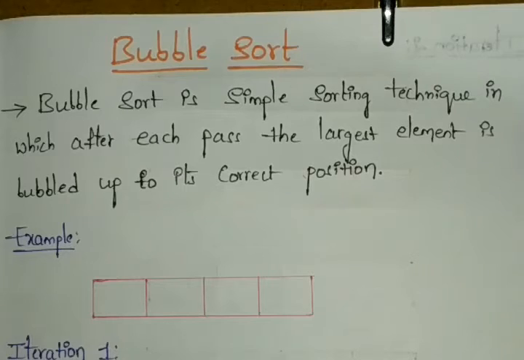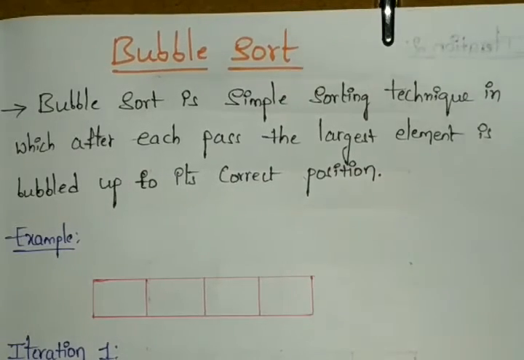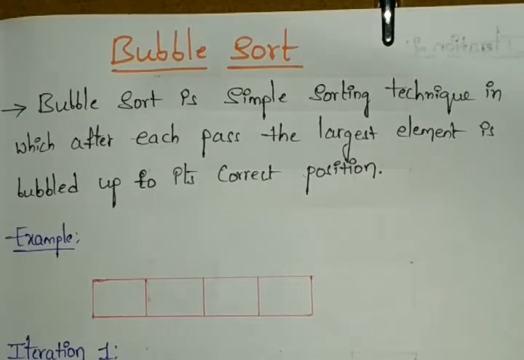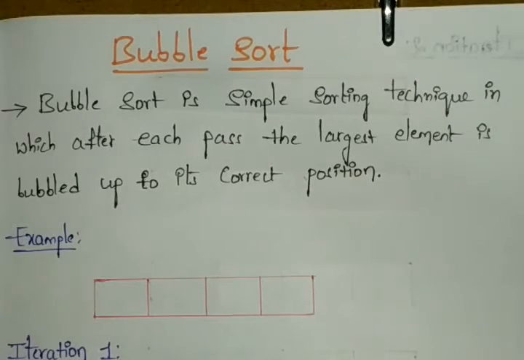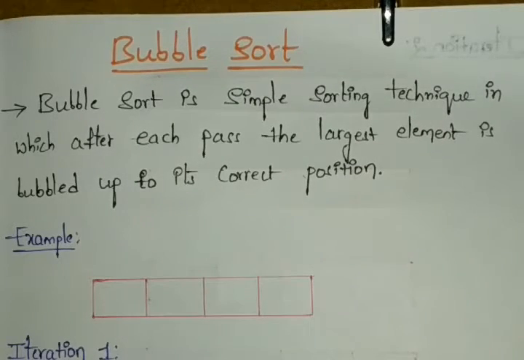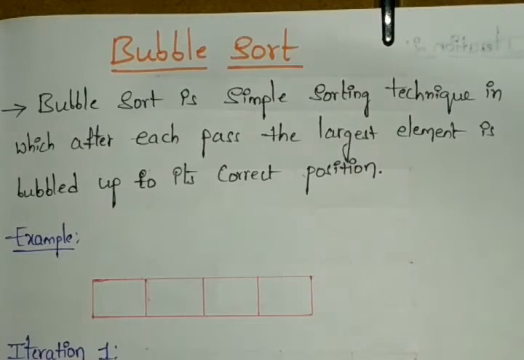Otherwise the positions stay the same. Next it moves to the comparison between the second element and the third element. It continues like this up to the completion of the list.